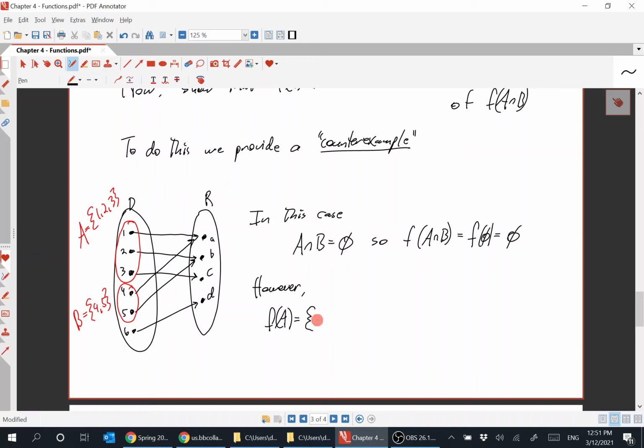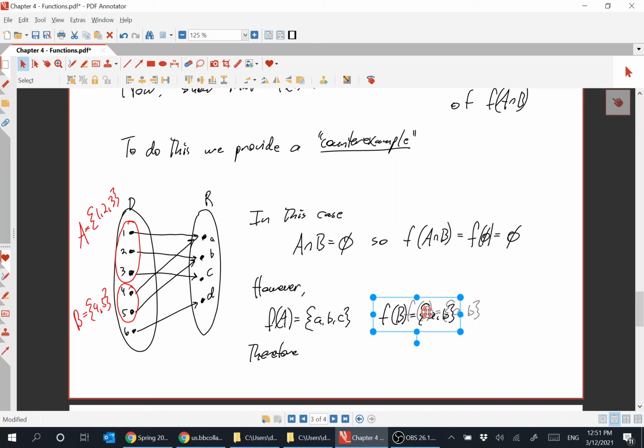The set {a, b, c}. And the image of B is what? {a, b}.